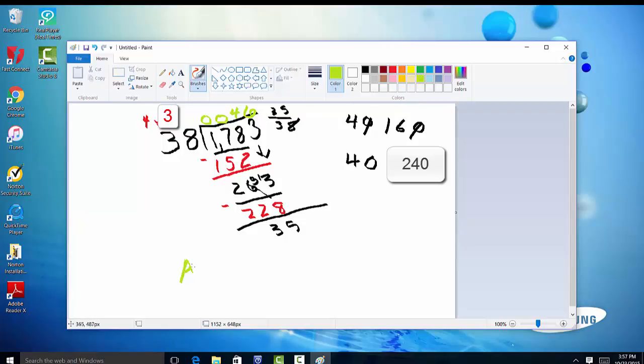Our answer is 46 and 35/38. Clean that 5 up, and that's division.